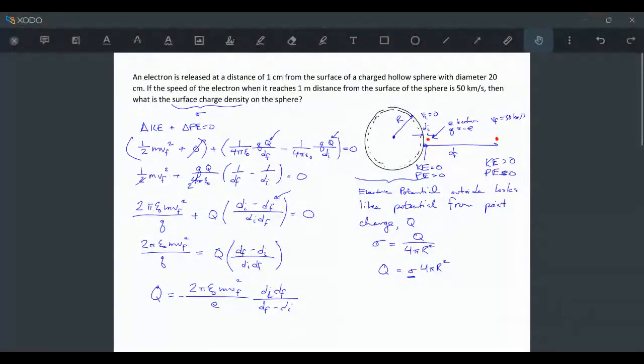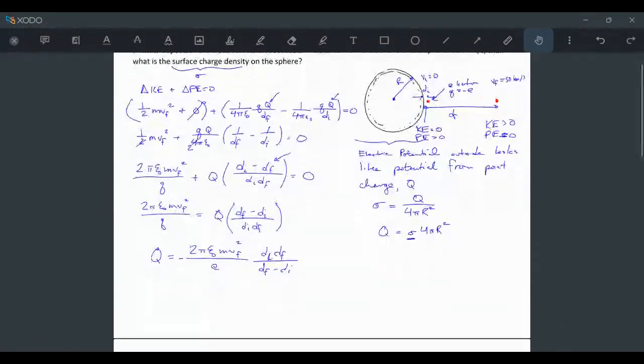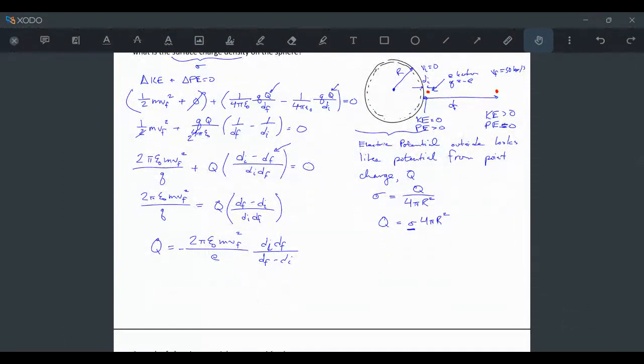Hopefully not too difficult to understand how I got here, but because this is an answer with a lot of terms, let's just pause for a second to make sure it makes sense and is something somewhat reasonable. So the first thing we want to check is the total sign on the whole thing. Right now we have a leading negative out front.